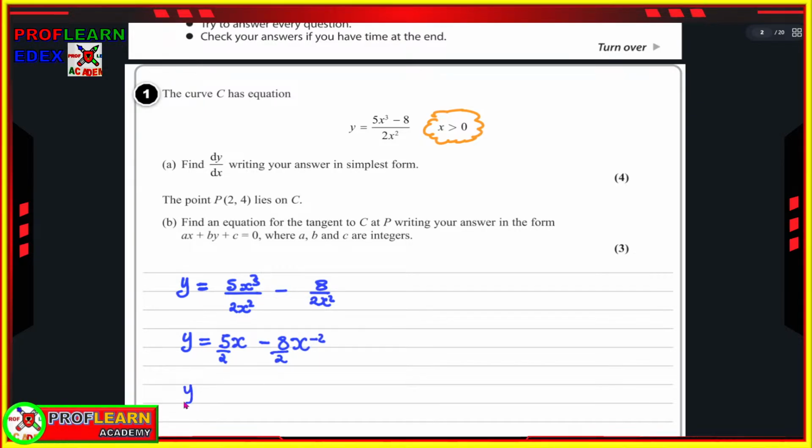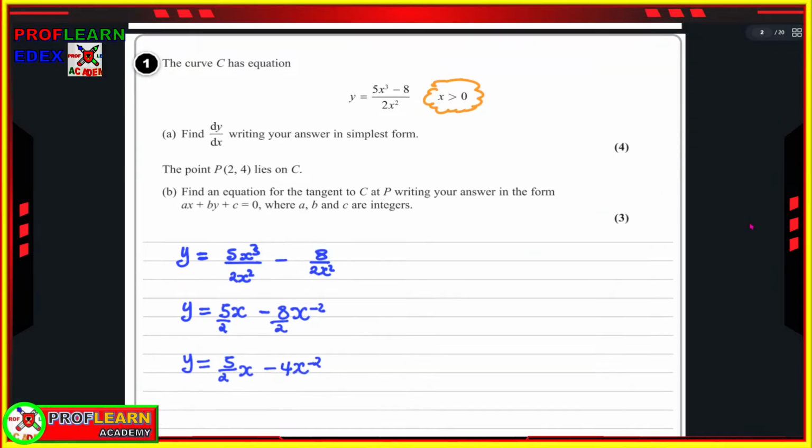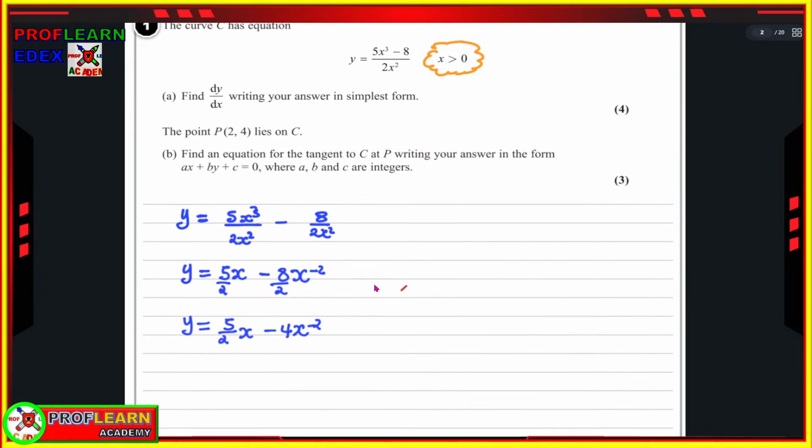Finally our equation becomes y equals 5 over 2 x minus 4 x to the power negative 2. So we have our expression in a simplified format.